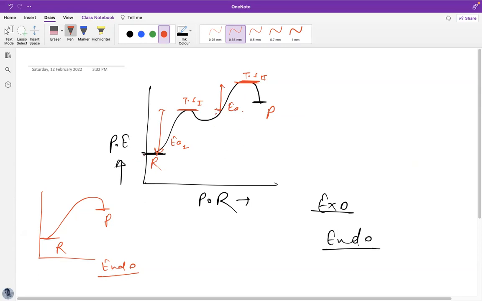Can you tell me which one has higher activation energy, transition state 1 or transition state 2? Yes, perfect. Higher activation energy means the rate of reaction is slow. Rate of reaction slow means this is the slowest step. So this is the slowest step, and this one will become the fast step.